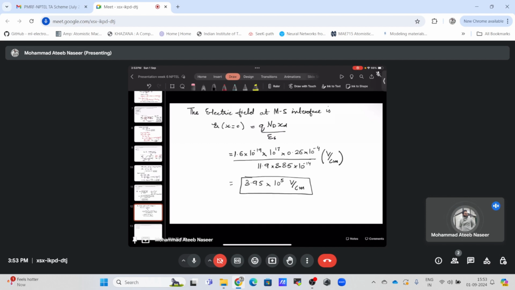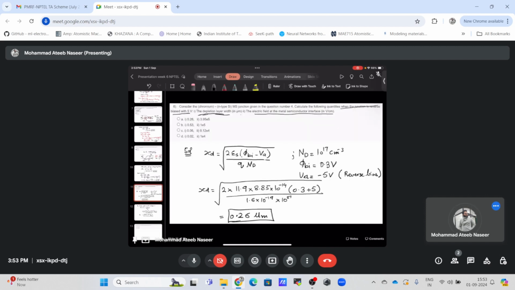So this is the value of the electric field: 3.95 into 10 to the power of 5 volt per centimeter and 0.26 micrometer. So option A is the correct option to go with, and we will be selecting option A for this.